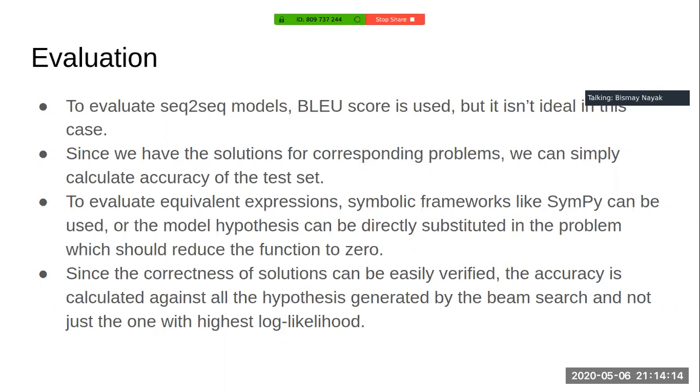But here we can just calculate the accuracy, and if there is any other possible form of the expression, we just calculate its equivalent, or substitute it in the problem statement, and we should obtain a value of 0 or something like that. So we don't really need BLEU here, we just calculate simple accuracy.